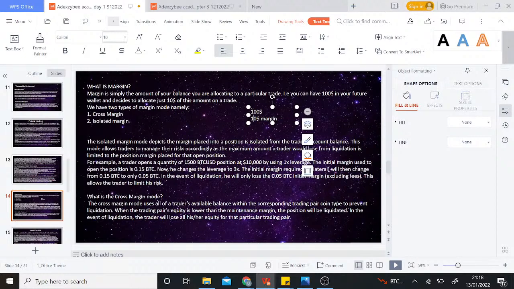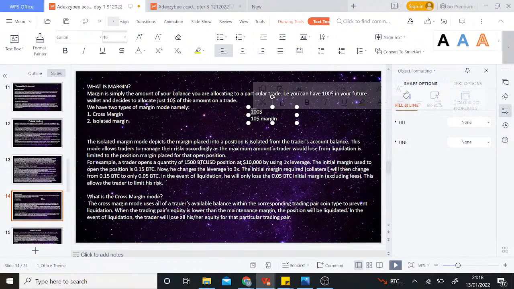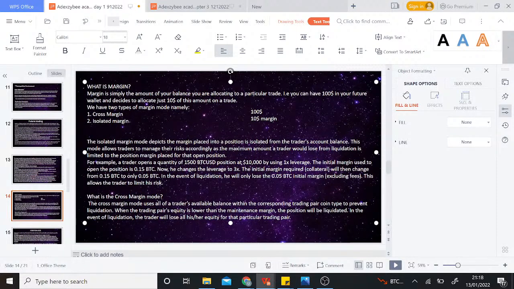Once your trade goes against you and your loss equals $10, it is going to cut it off and close the trade for you. It's not going to touch the remaining $90 in this balance. Do you understand? This $10 is working alone. This margin is isolated. That means it's alone.